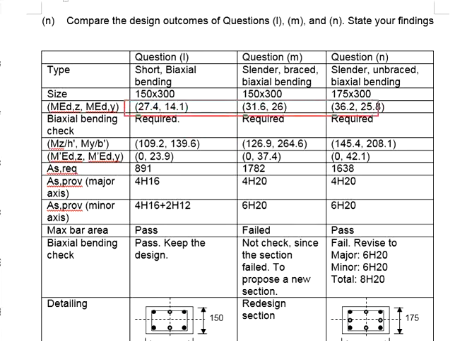Having the MED calculated, we might not be able to use this value straight in the design of the reinforcement, because we will need to check whether we need to take into account the effects of the biaxial bending. If we need to consider those, that means we need to determine which axis is more critical, and then work out the new MED on the more critical axis, taking into consideration the effects due to the other axis.